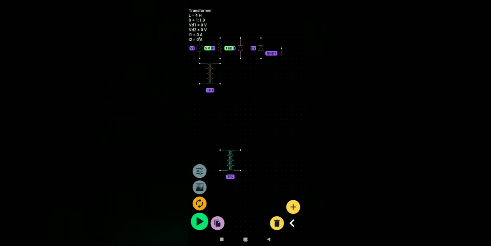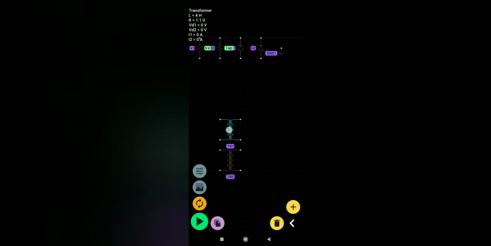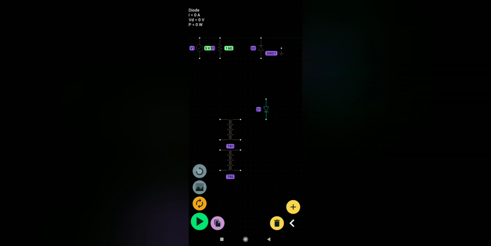Now we connect the circuit. First, we rearrange all the components.